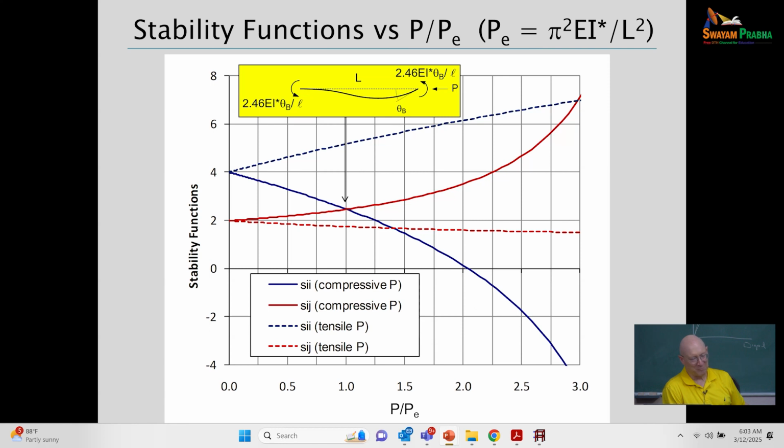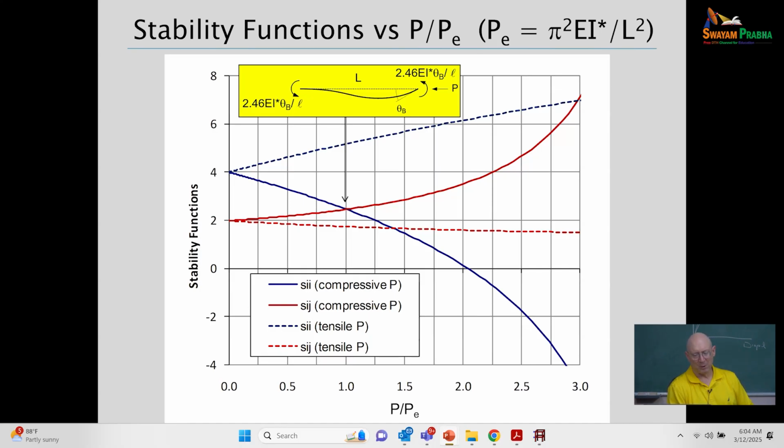It's also 2.46 EI theta b over L. That solid purple curve and the solid red curve show how this works for an element, and here I'm showing it with capital L. With the stability function approaches in traditional practice, engineers would say, I'm using a single element for every member. That's why I left it at capital L here, but I showed script L in other parts of the slides, so capital L and script L are the same.